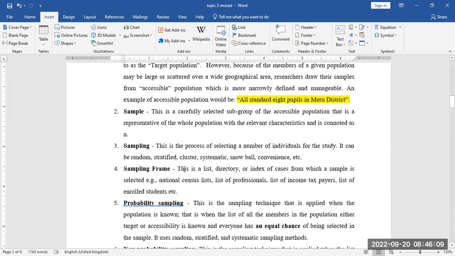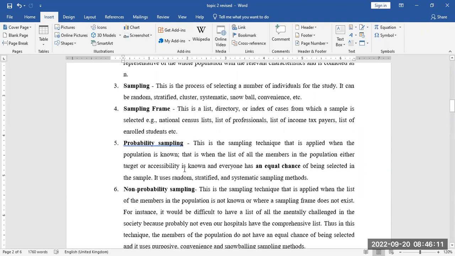Therefore, we look at sampling. Sampling is a technique that is used in selecting a sample from a population. And we have various categories of sampling. First of all, we have 2 basic categories: the probability sampling technique, or the non-probability sampling technique.